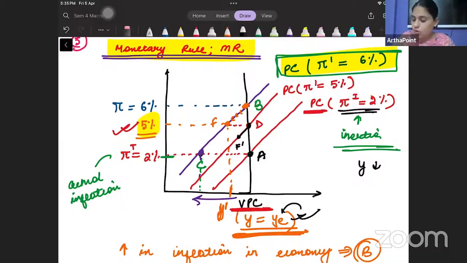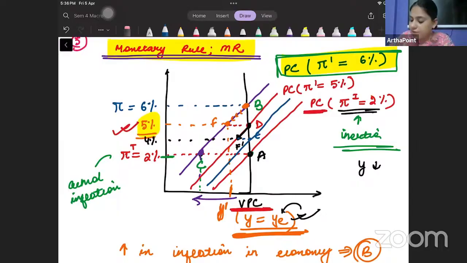So you will deviate again from the equilibrium level of output, and you will be able to attain a lower level of inflation, say at point F dash, right? Then when you attain this lower level of inflation, people will again look at lagged inflation. They will reform their expectations, and when they reform their expectations, they will reach a point like E with a new Phillips curve. Right? Am I clear with it?